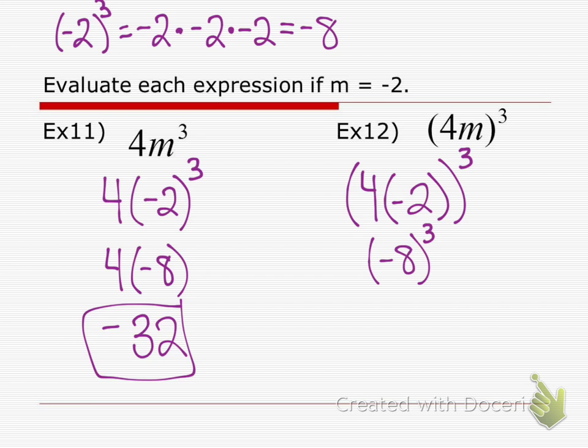Now we have negative 8 to the third power, or negative 8 cubed. If you need to, you can write it out expanded: negative 8 times negative 8 times negative 8. Good, that would be negative 512.